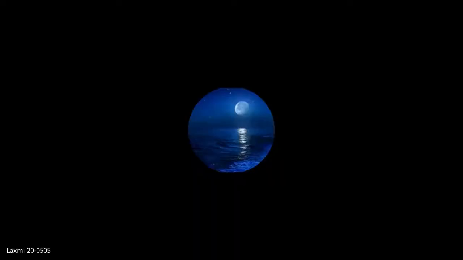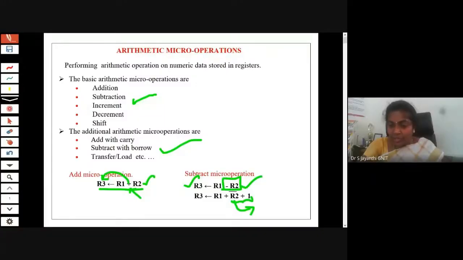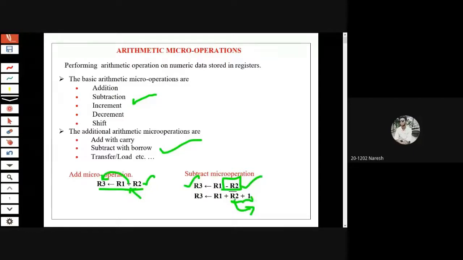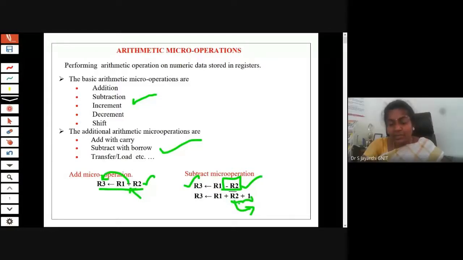Addition of 1 with the 1's complement of the number is known as 2's complement. So when the 2's complement value is added with R1, that gives the subtracted value. We will discuss today, otherwise in tomorrow's class, with an example how it is achieved.